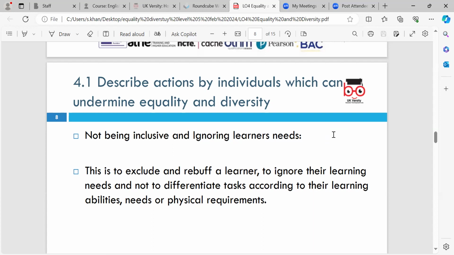This is to exclude and rebuff a learner, to ignore their learning needs, and not to differentiate tasks according to their learning abilities, needs, or physical requirements. So if someone has any sort of physical disability and you're not meeting their learning needs, then you're not really being inclusive, are you? You really need to meet their learning needs.